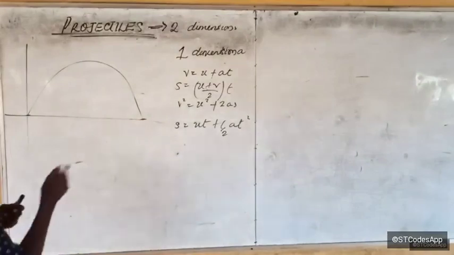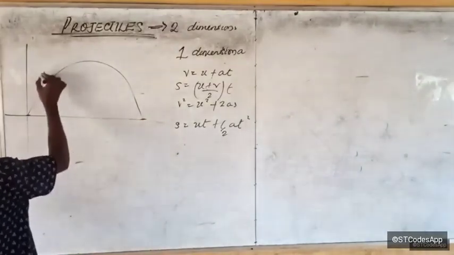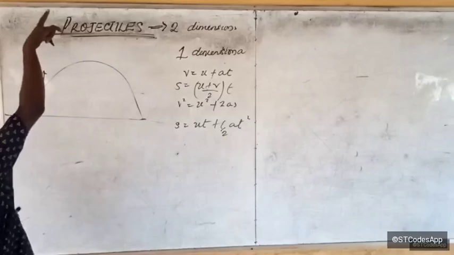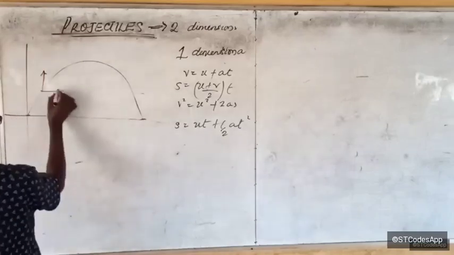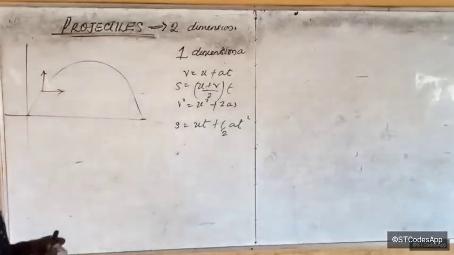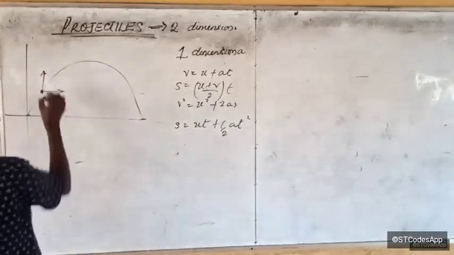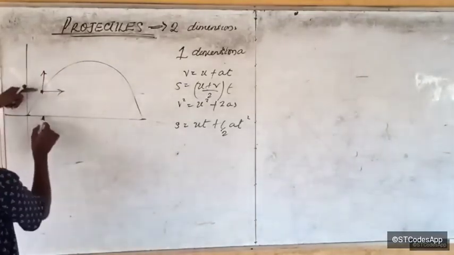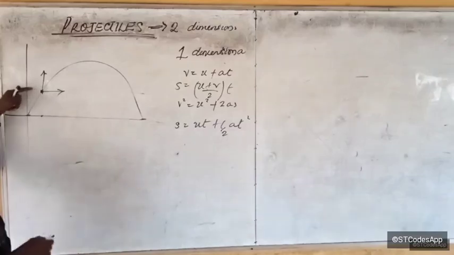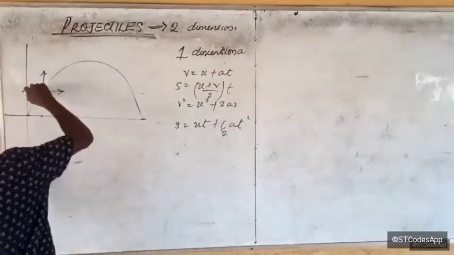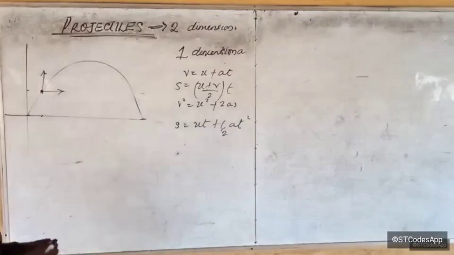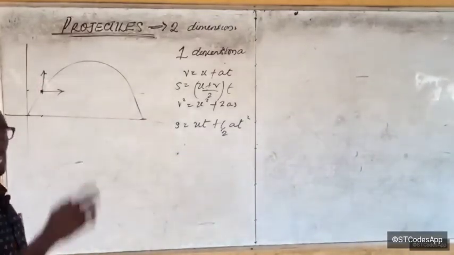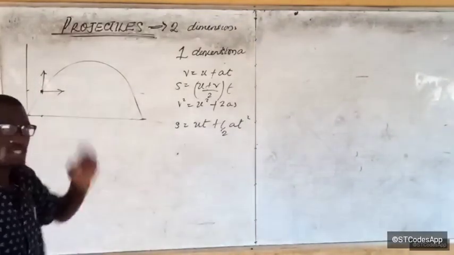So this body along each path at each point is moving in a vertical direction and also moving in a horizontal direction. So if I pick this point here, this body has moved to this point in the horizontal axis and has moved to this point in the vertical axis. So that's how we call it two-dimensional. It is moving in two dimensions.